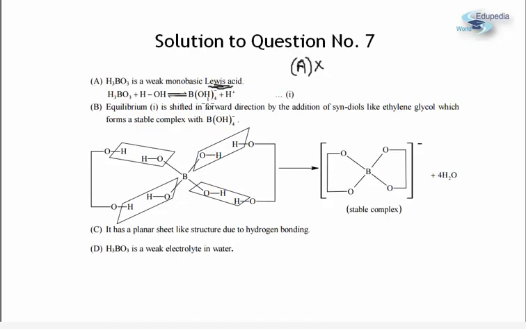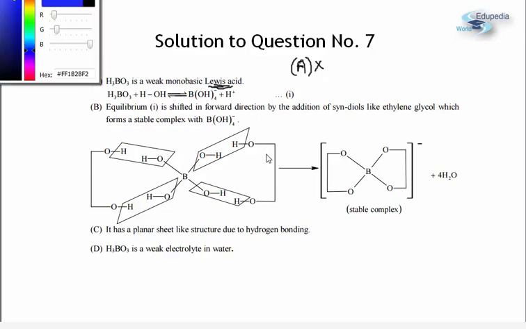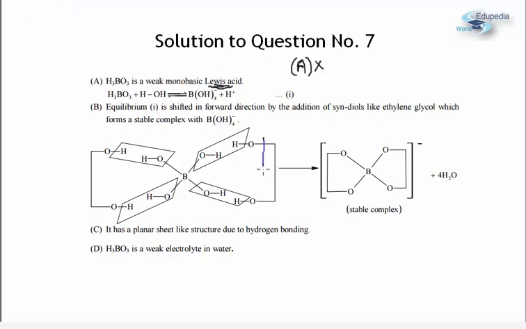See, B(OH)4 minus, this ion was present in an aqueous solution of boric acid, and when we add 2 ethylene glycol molecules, that is 1,2-diol, one from this side, this is one ethylene glycol, and this one is your another ethylene glycol.